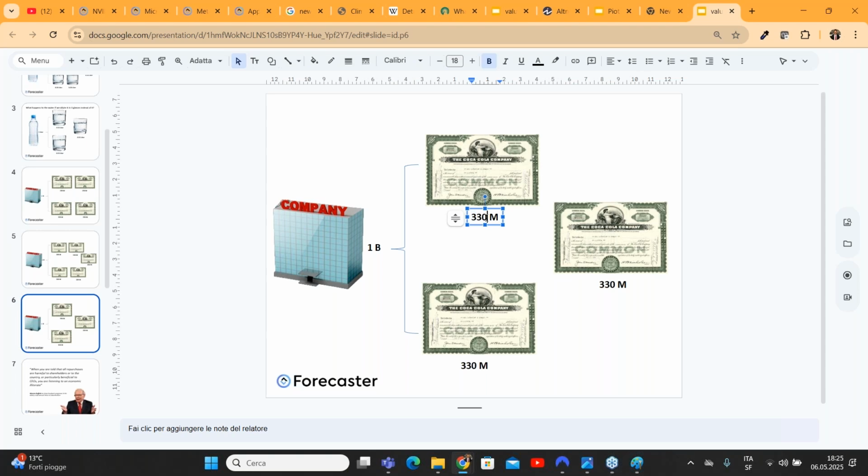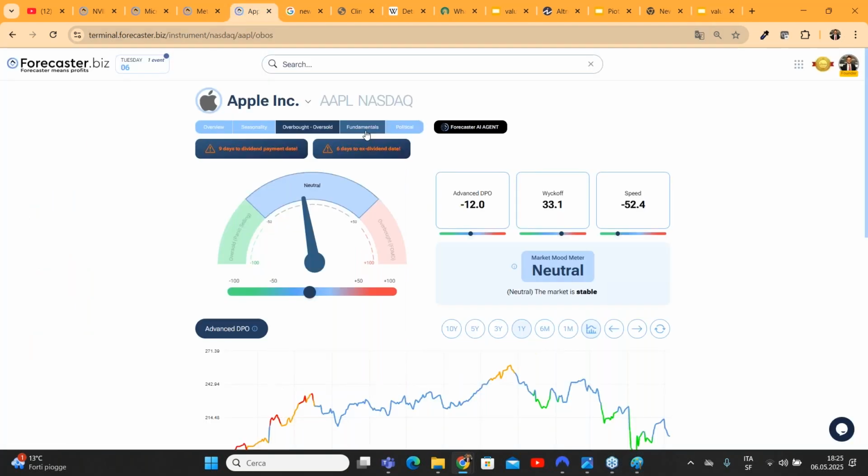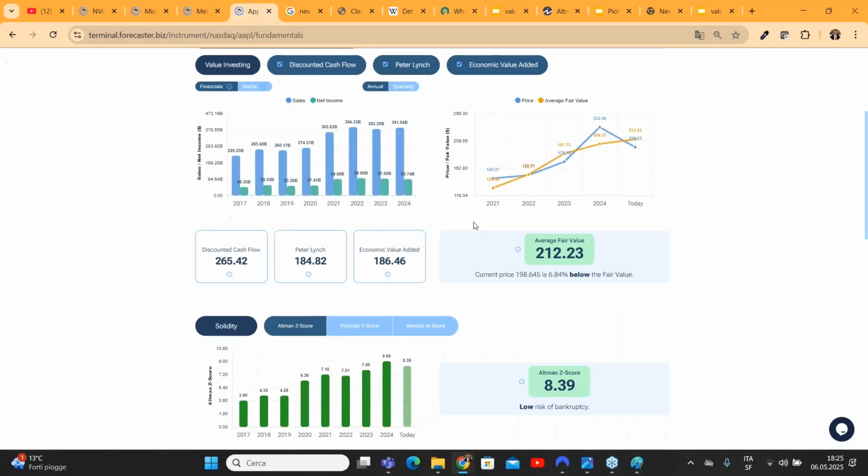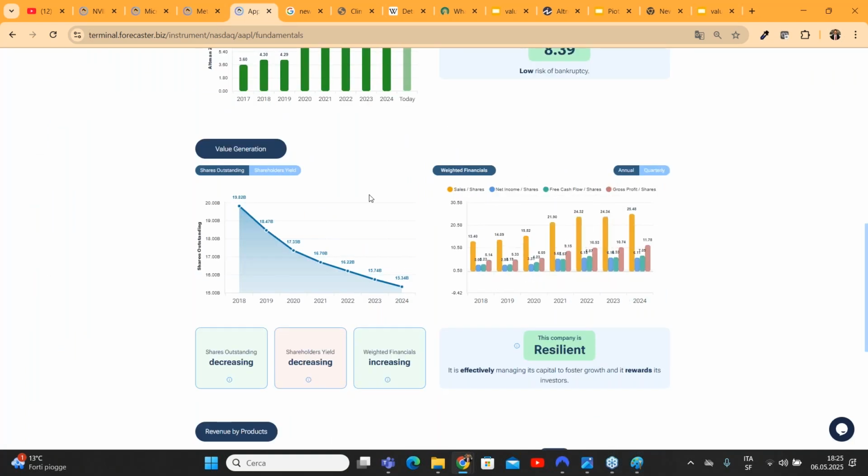This is why it's very important to have a look at the number of shares, because in general, if a company is repurchasing its own shares frequently, it allows the price of the stock to go up constantly.